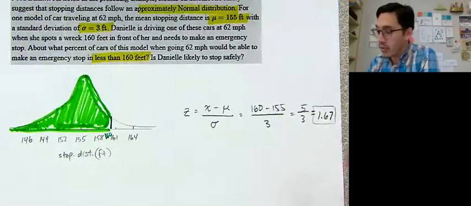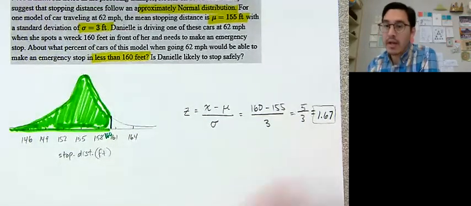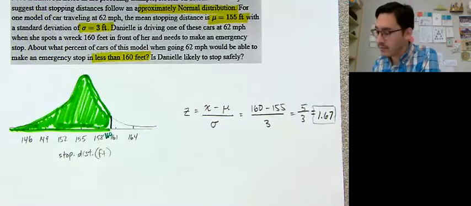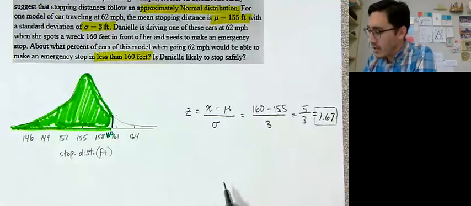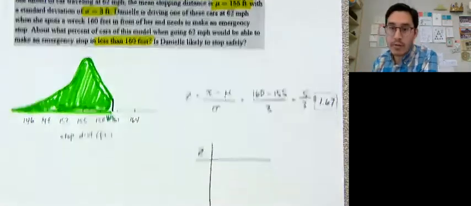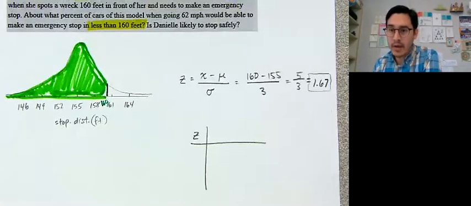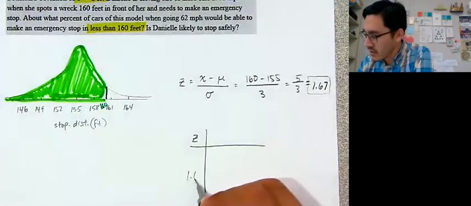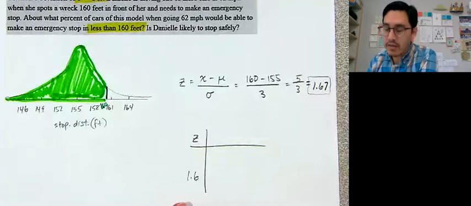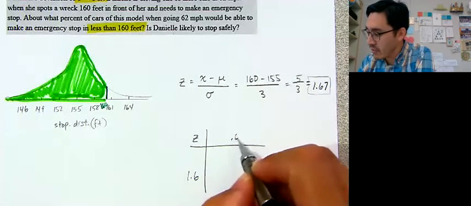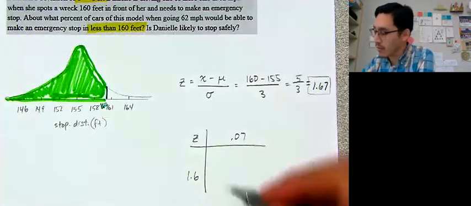All right, cool. So now we have a z-score. Next, we need to take this z-score and convert it into a percentile. What I would do here, we have 2 options. You can go to table A, or you can use your calculator. I'll show you both. So we're going to look up 1.6 in the first column of the table, and then the last digit is 7, so that would show up as 0.07 on the top.